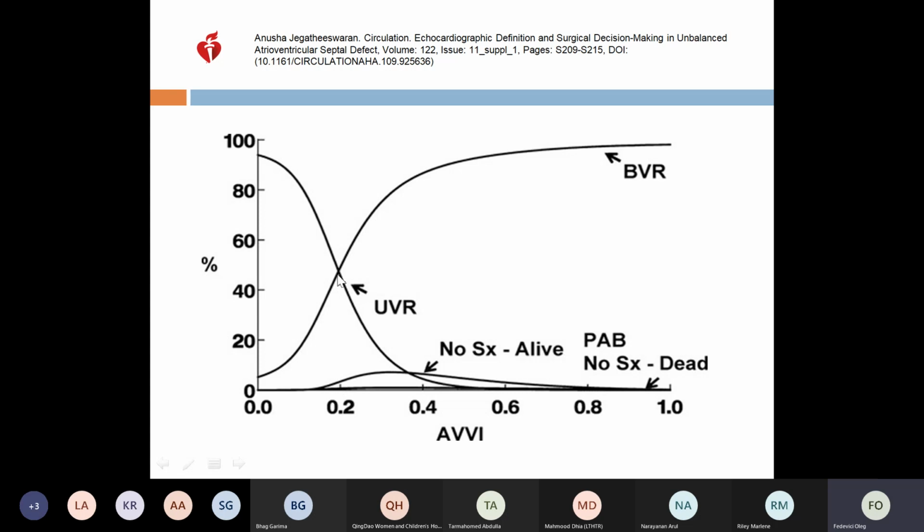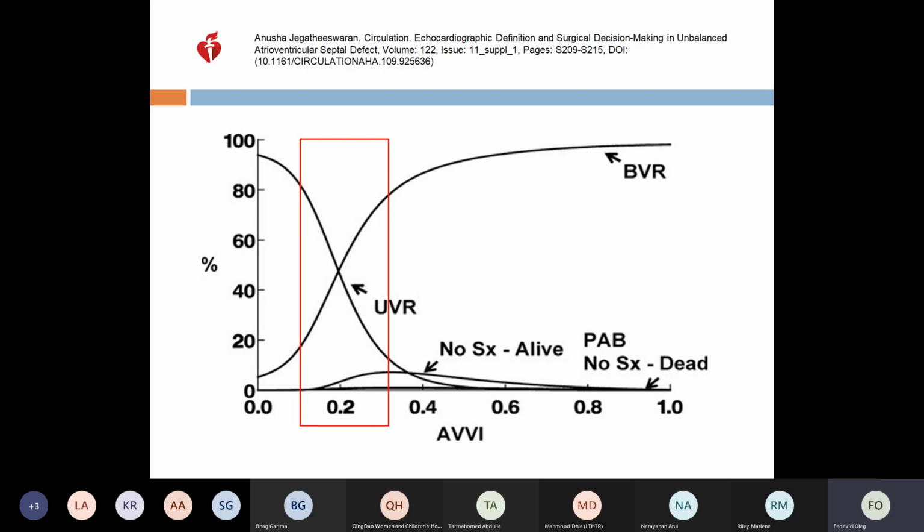It means it's almost definitely univentricular repair with Glenn and Fontan way. And the gray zone is really when it's in between balanced and unbalanced, and it's difficult to decide.